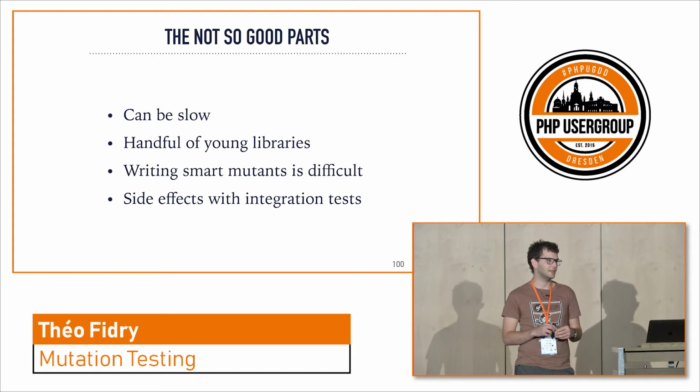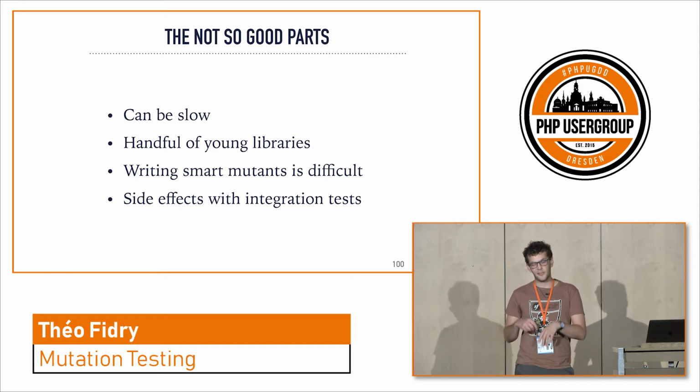What do I mean by that is, imagine in your code there's one functionality which removes a folder, and you have a test for it, so it tries to remove one directory. And the mutant applied changes the directory being deleted to your root system. You're not going to be happy about the result.